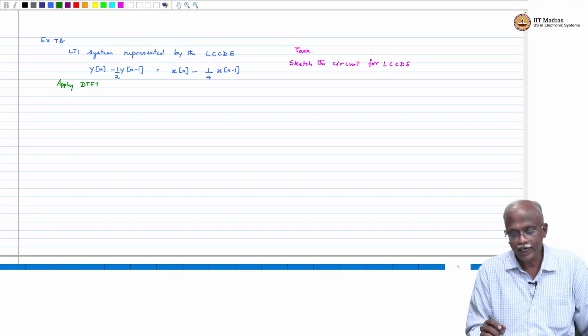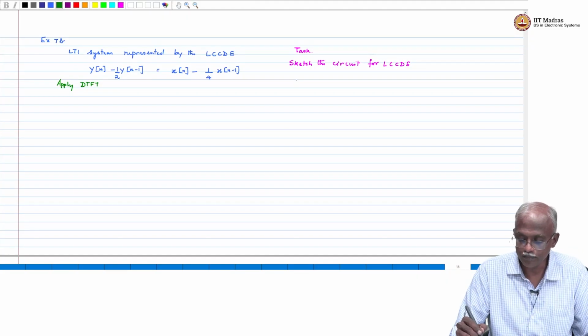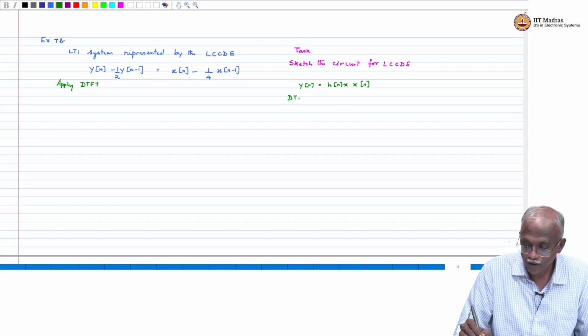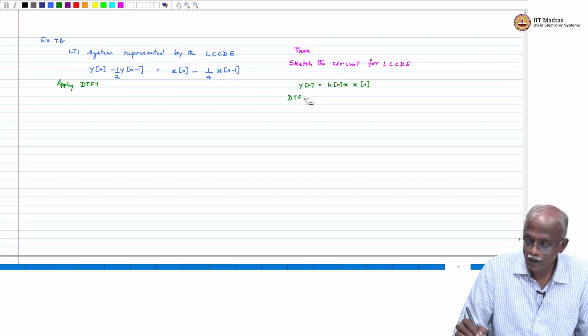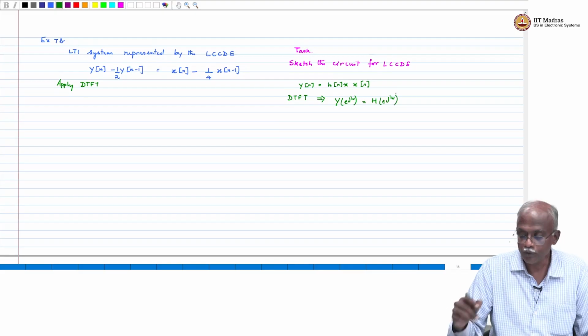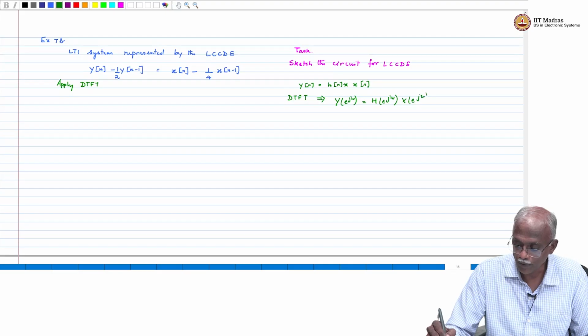Now, why are we doing that? Remember that the input-output relationship in any LTI system is y of n is equal to h of n convolved with x of n. Apply the DTFT. What do you get? Y e to the j omega, the discrete time Fourier transform, is equal to H e to the j omega, the DTFT of the impulse response, times X e to the j omega.